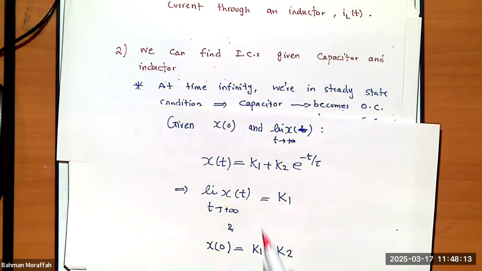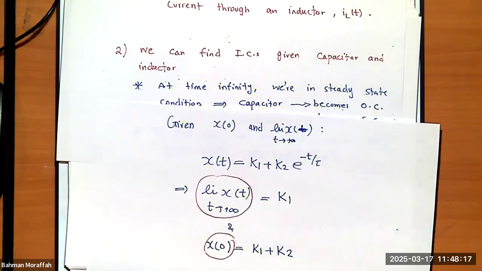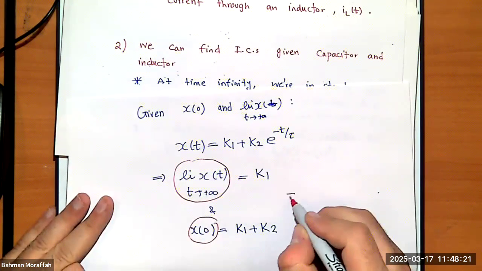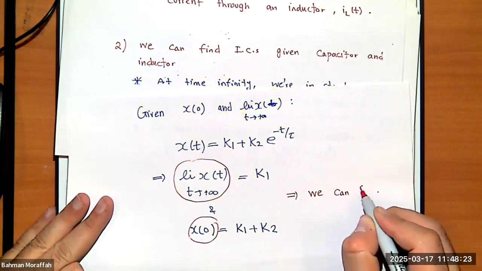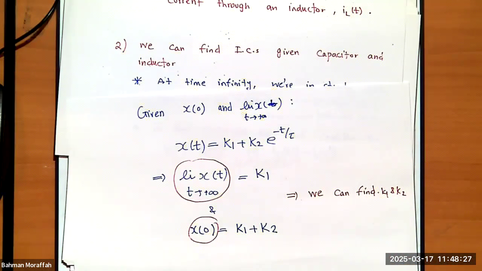So if I know this, and I know this, I can find k1 and k2, right? So we can apply this to any circuit, right?